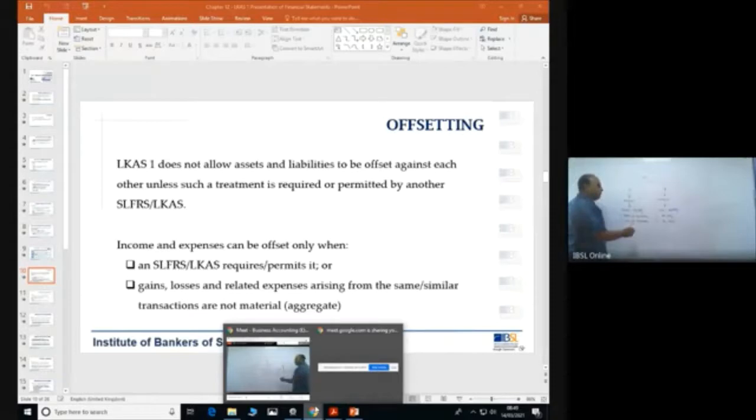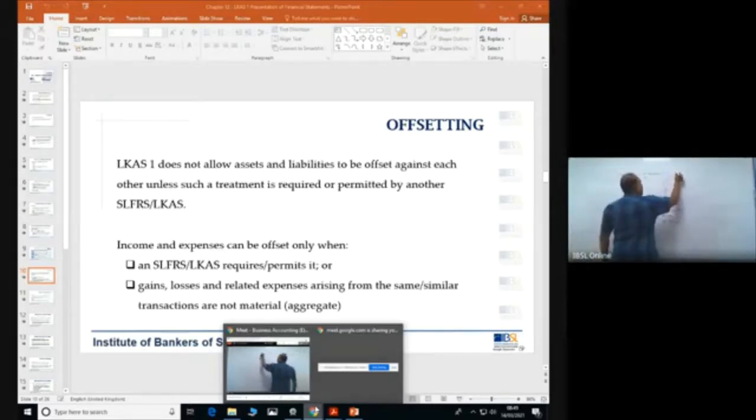You are permitted to offset these two. How do I do it? I will say profit stroke loss on disposal. And this is 50,000 profit, this is 20,000 loss. So the net is 30,000. You see? This is what I am trying to explain.